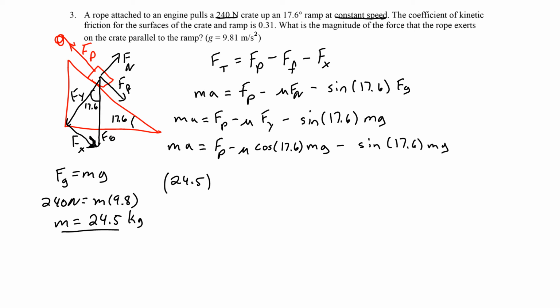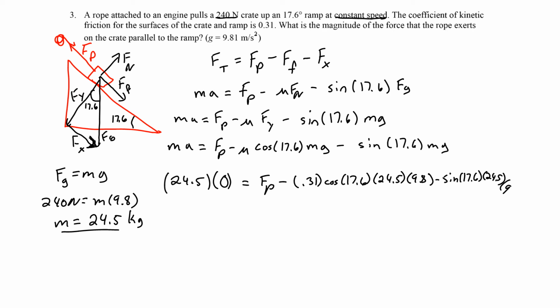Since it's constant speed, 0 equals Fp minus mu times cosine 17.6 times 24.5 times 9.8, minus sine 17.6 times 24.5 times 9.8.